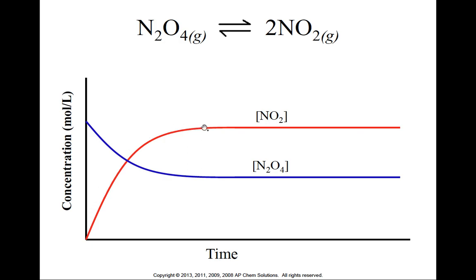Eventually they reach this point where you can see that the concentrations level off and they're no longer changing, but you still have concentrations of both products and reactants simultaneously. It's still firing backwards and forwards at the same time, but the concentrations are staying consistent. These two lines right here will rarely level off in the exact same spot. Usually they'll be slightly different.